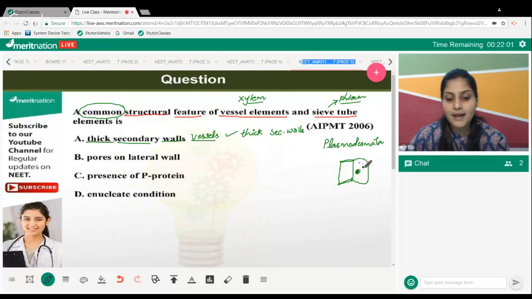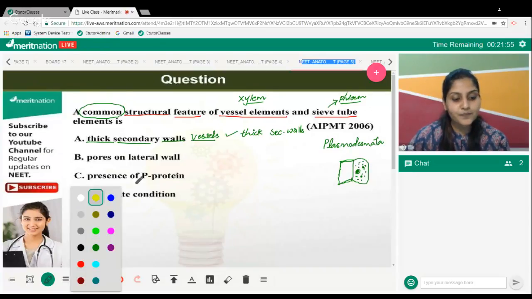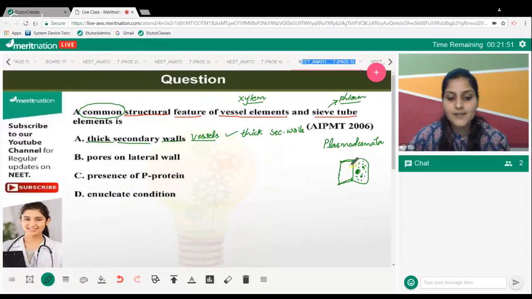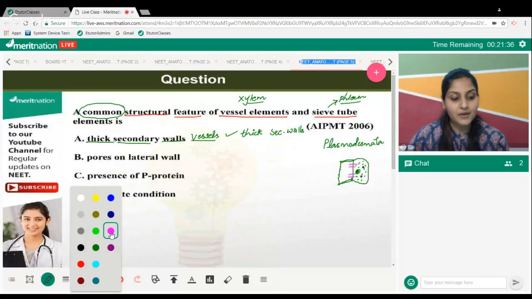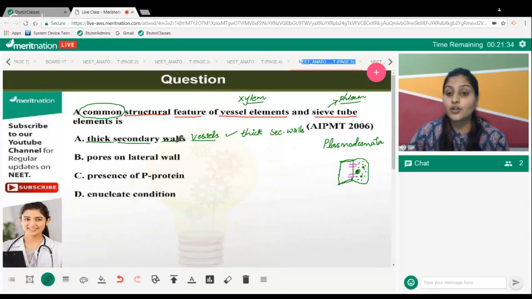Companion cell is companion because it is always accompanying the sieve tube, and both of them show the plasmodesmatal connection. That is why it doesn't have the secondary thickenings. It cannot sustain those thickenings. So the first answer becomes wrong. This is not a common thing.